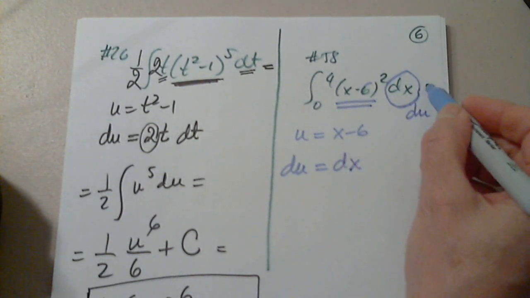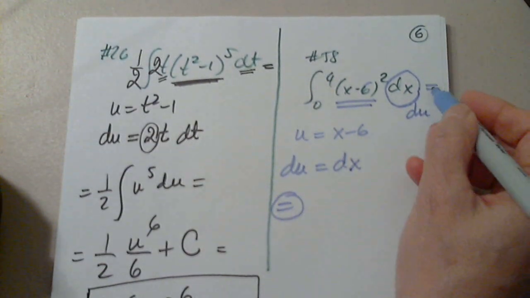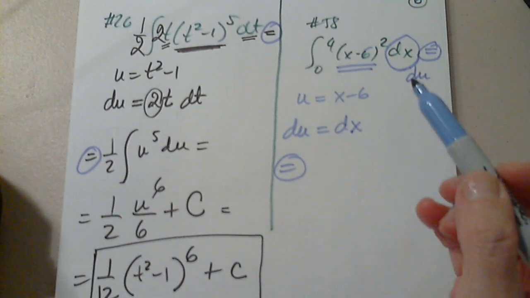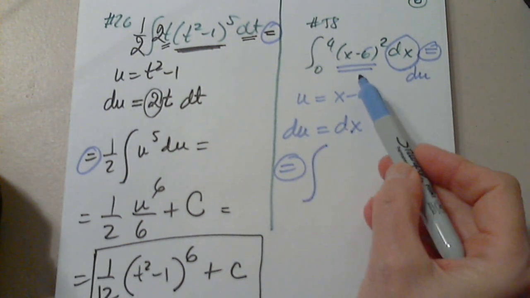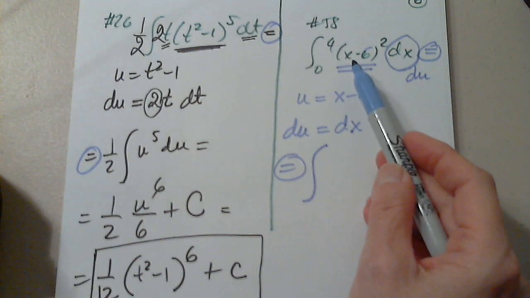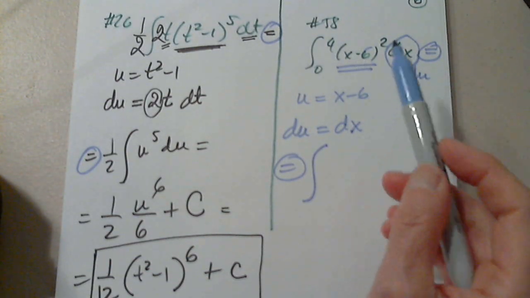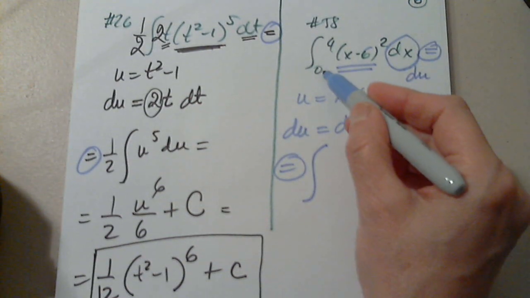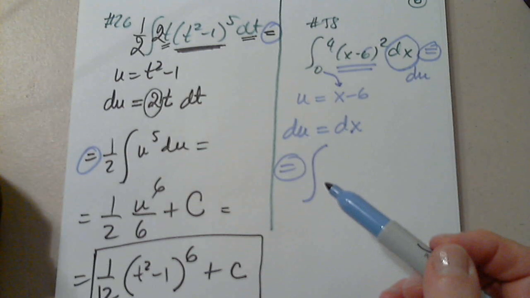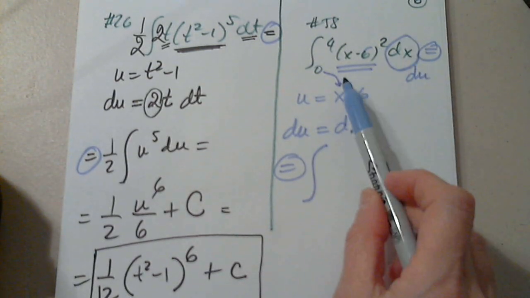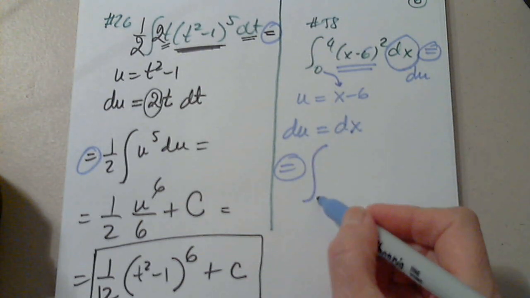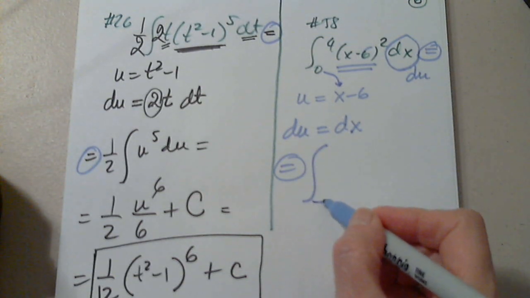What do I replace this by? Don't you have to find your new values? Yes, absolutely. You want to start with that? That's fine too. I was going to say, do not copy the limits of integration. You're way ahead of me. I love it. When x is 0, u is? -6.